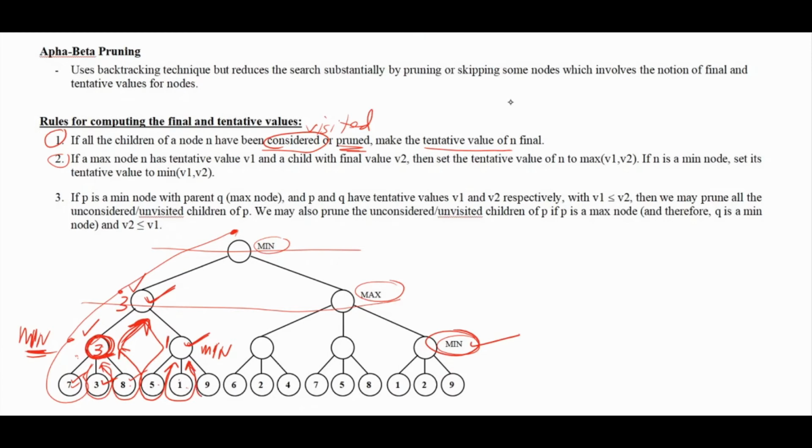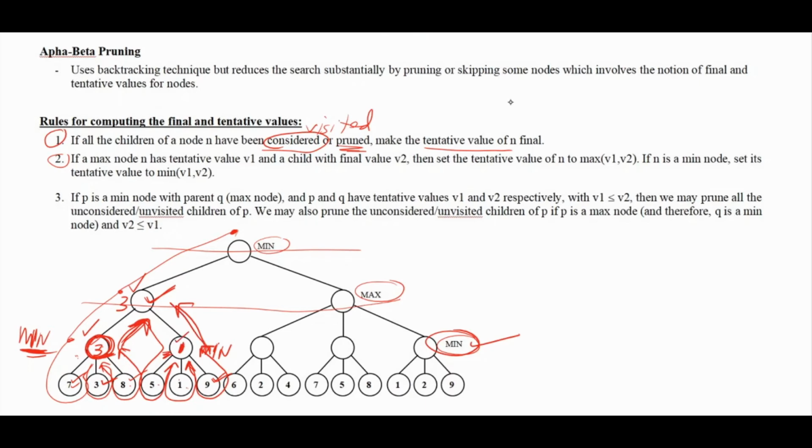We go down to this node, and when we go back to the parent node, we propagate this final evaluation value, which is 9 for this child node, to the parent node, and once again we get the minimum of the tentative value of this parent node and the final value of the third child. The minimum is 1, so it's still 1. When we go up, leaving this node, we make this tentative value 1 final. So 1 is the final evaluation value for this node.